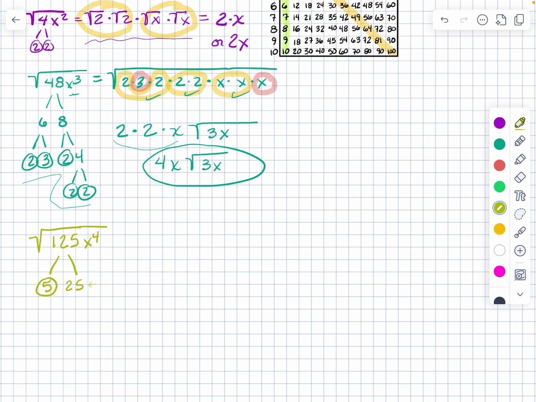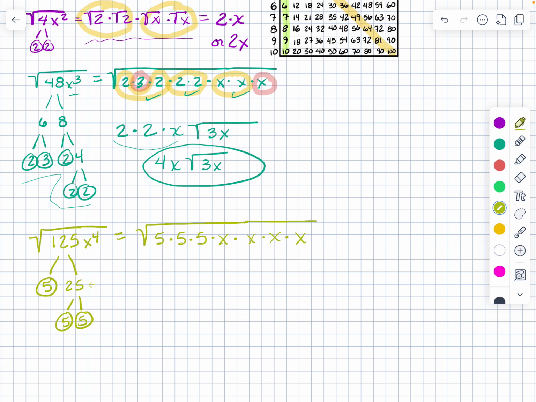We could just pull a 5 out from under the radical right away, but we're going to go ahead and put the factors down, just so we get the process down solid. So we've got 5 times 5 times 5 times x times x times x times x.